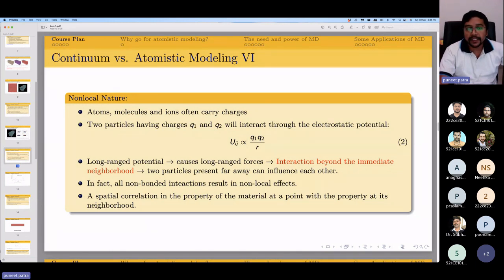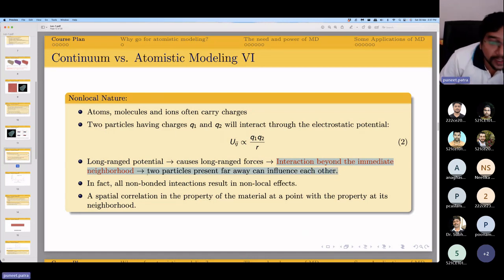We know from the basic Coulomb's law that two particles having charges Q1 and Q2 will interact through an electrostatic potential which is proportional to 1 by R. The denominator has a value of R, so it is a very slowly decaying potential. The consequence of this slowly decaying potential is that the interaction between two atoms can occur beyond the immediate neighborhood. In other words, two particles present far away can influence each other.